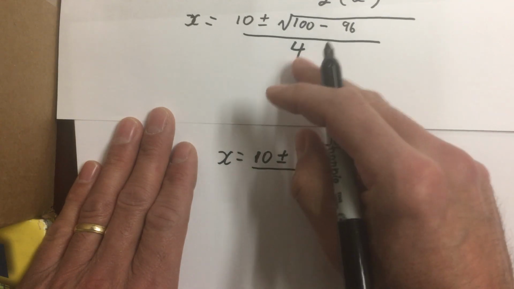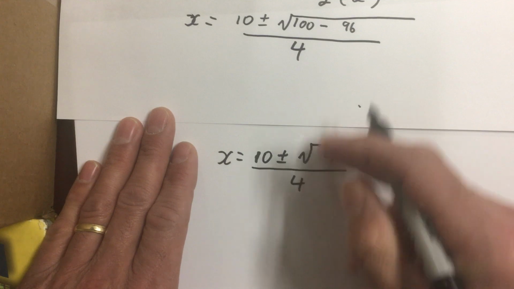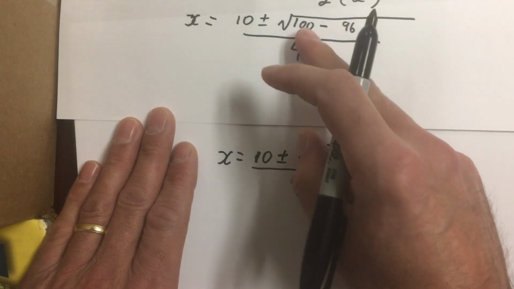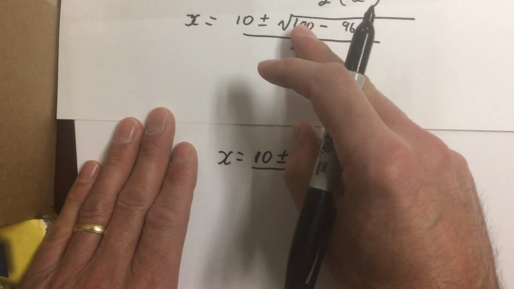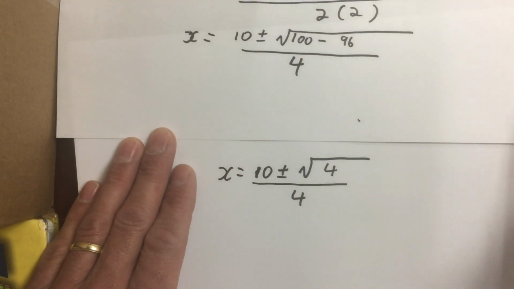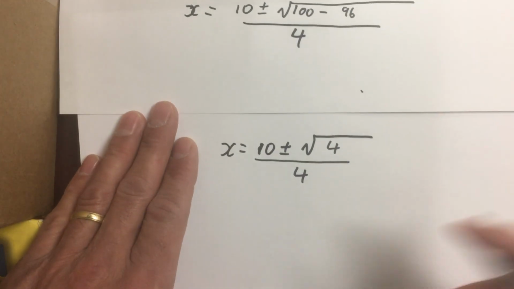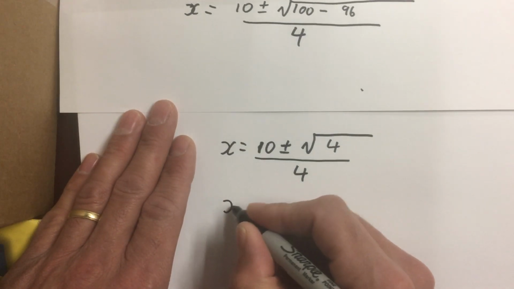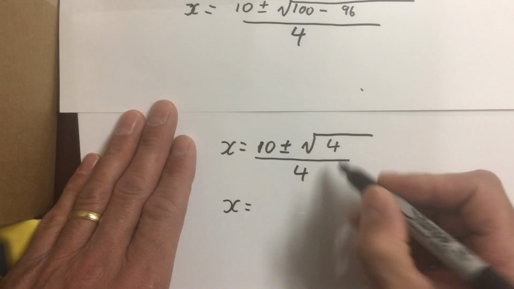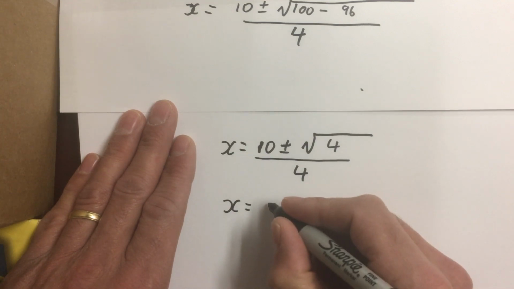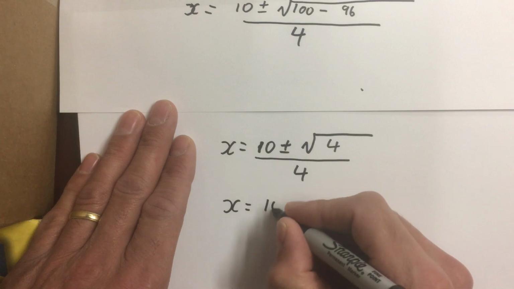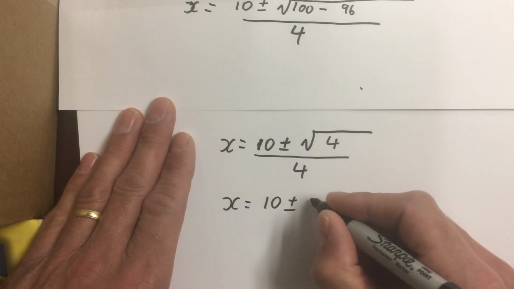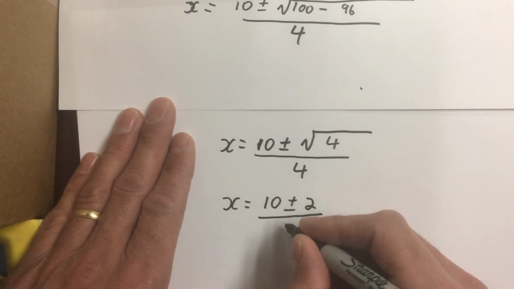All over 4. So I just copied the line above, except I did the math for these numbers inside the square root sign. Now, the square root of 4 is 2. So x is 10 plus or minus 2 all over 4.